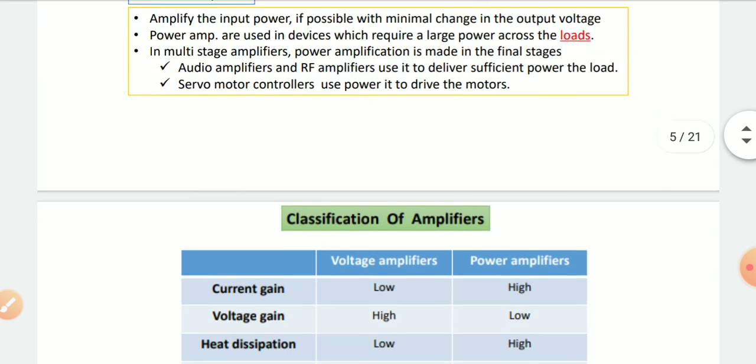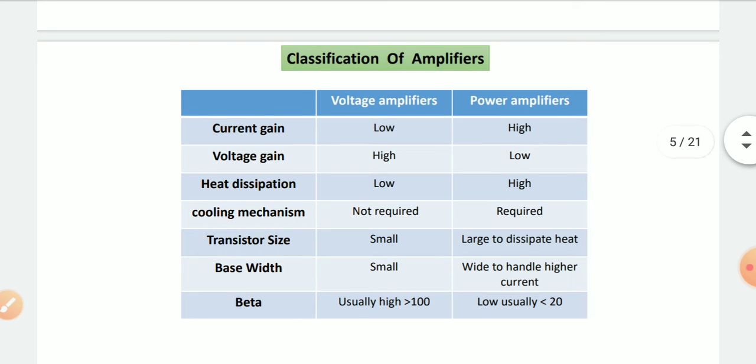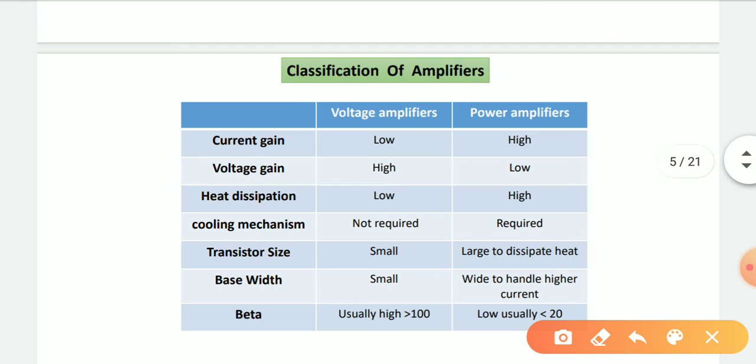Here is a broad tabular form by which you can differentiate at a glance between the voltage amplifier and the power amplifier. For current gain, the voltage amplifier is low because it is a voltage amplifier, and the power amplifier is high. Voltage gain is high for the voltage amplifier and low for the power amplifier.